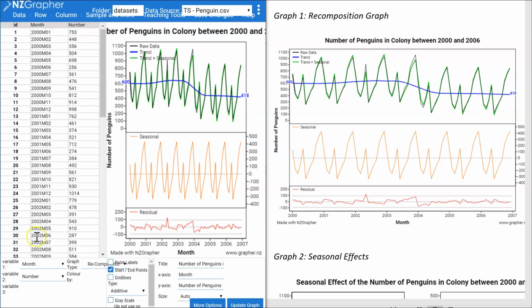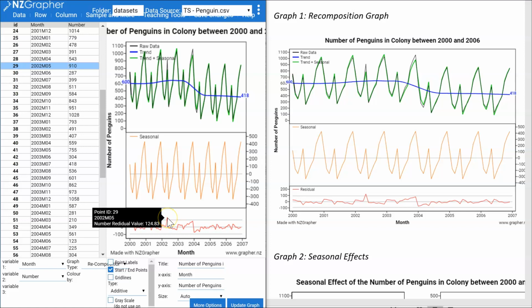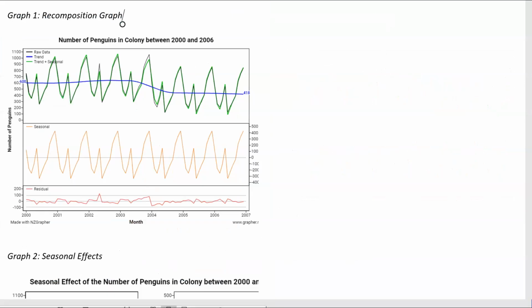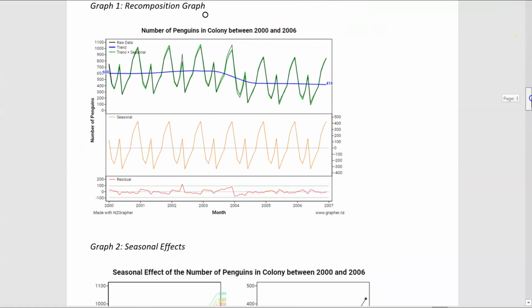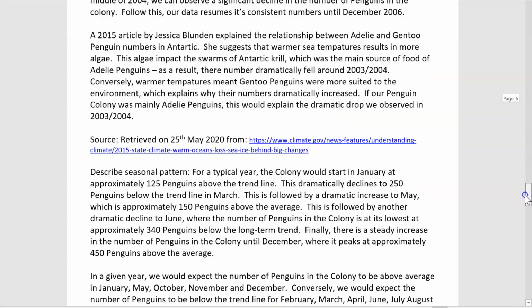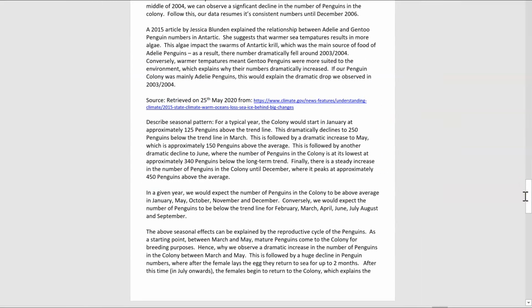Back on NZGrapher, we're on the recomposition graph, and we can see the point that we're interested in there. And we've been told that it's May 2005. So in May 2005, it's definitely unusual, and we can start chatting about that. So that's the residuals element of the recomposition graph. So let's get this back.